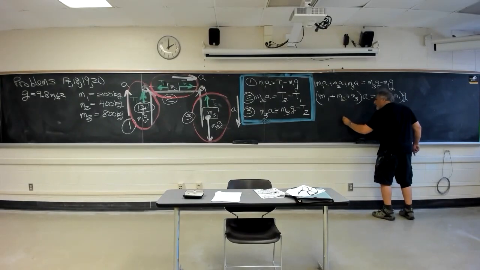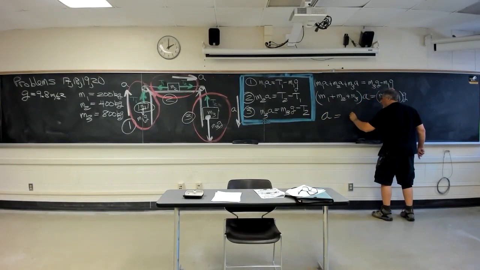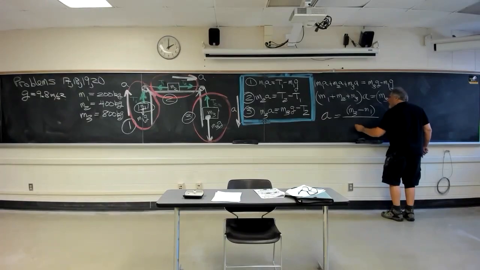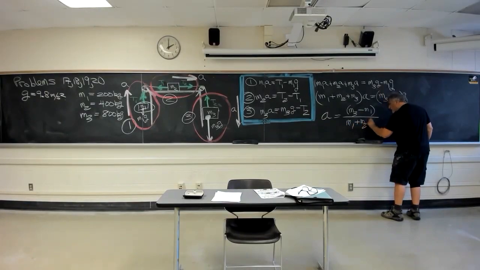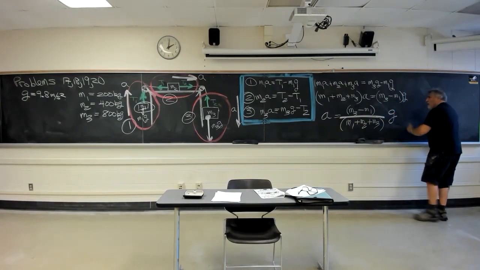Divide by that quantity on each side. You got M3 minus M1, over M1 plus M2 plus M3, times g.